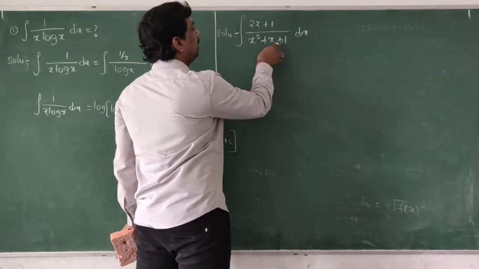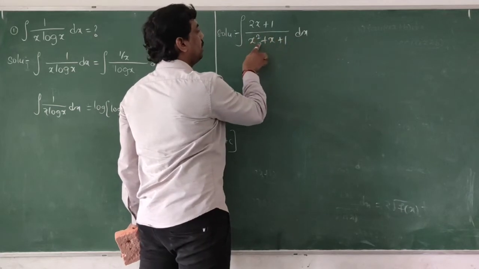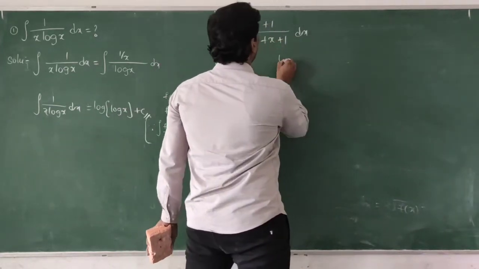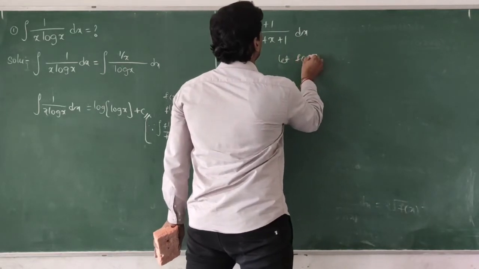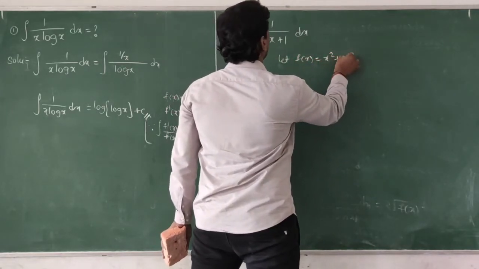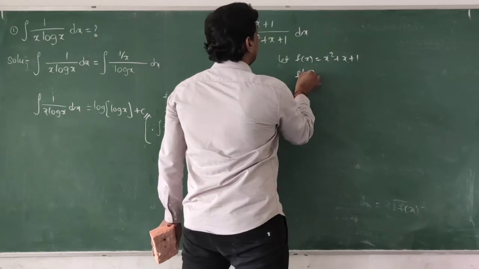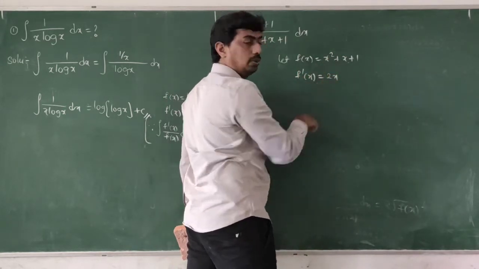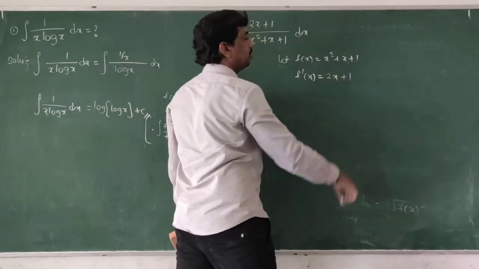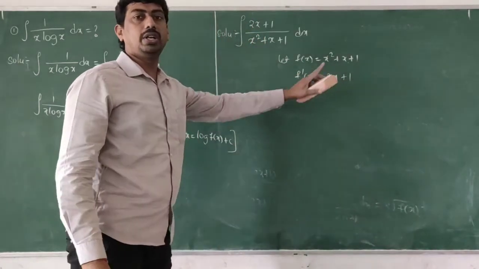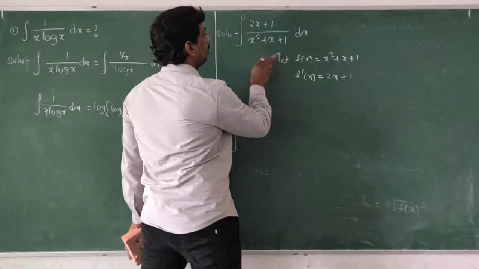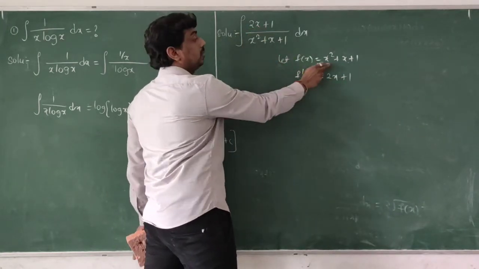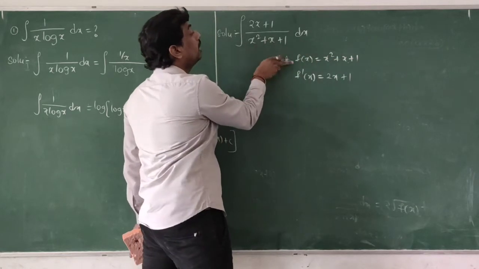So let f of x equal x square plus x plus 1, then f dash x equals 2x plus 1. So 2x plus 1 is f dash x and x square plus x plus 1 is f of x.